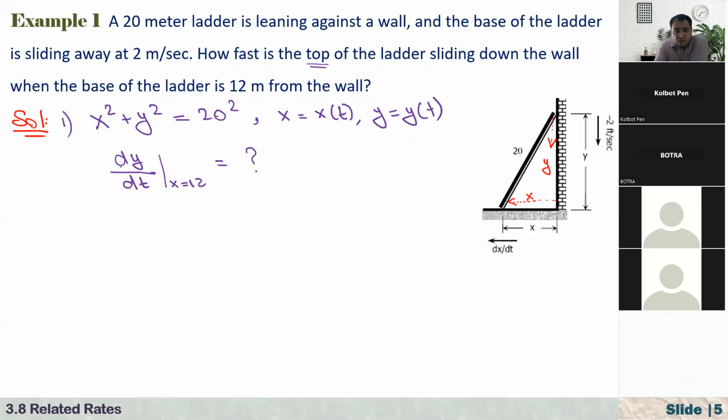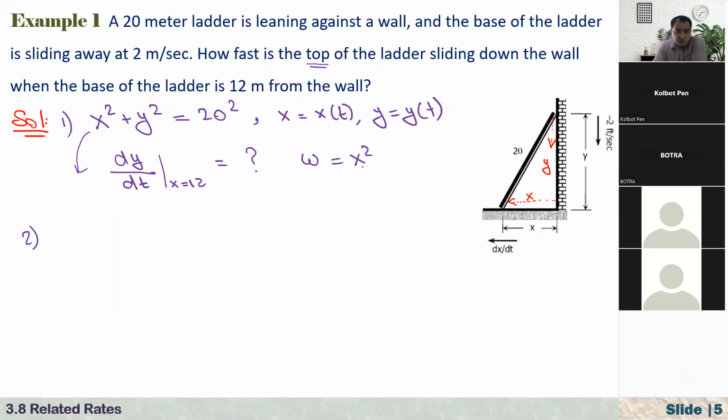It's asking us to find the value of dy/dt at x equals 12. And now to do this, by using implicit differentiation, I am going to differentiate both sides of this equation with respect to t. And again, if you are differentiating x squared, let me write it here, how can I differentiate this function x squared?